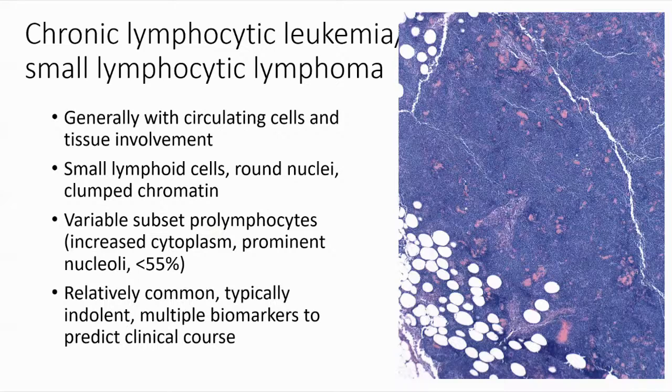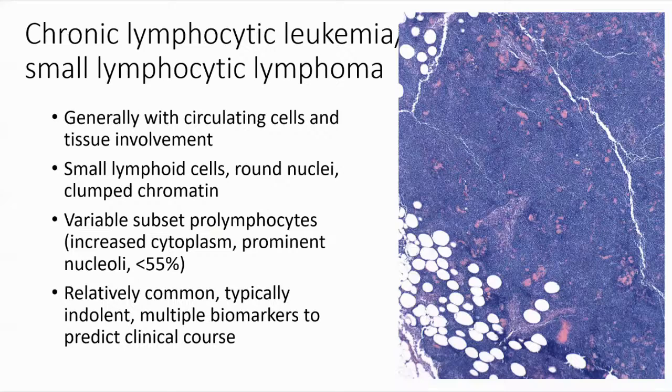They're small lymphoid cells typically with round nuclei, clumped chromatin, and very scant cytoplasm in general. However, both circulating as well as in tissue, you'll see a subset of larger cells, often with a prolymphocytic phenotype that have increased cytoplasm and prominent nuclei, and they may be in little proliferation centers in the lymph node, or they may be circulating.